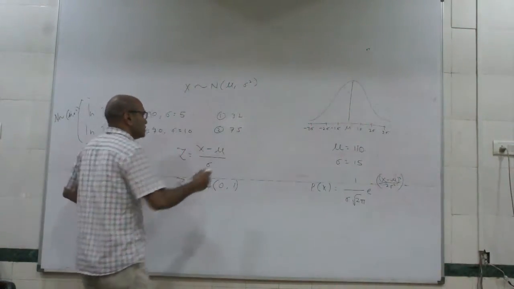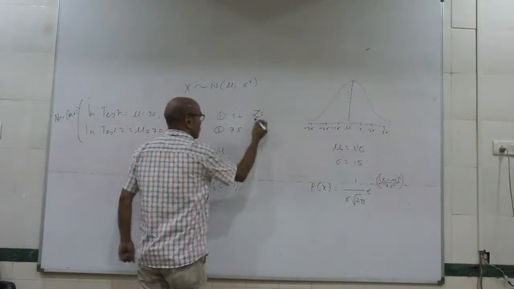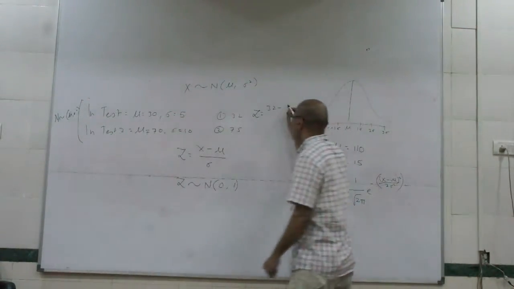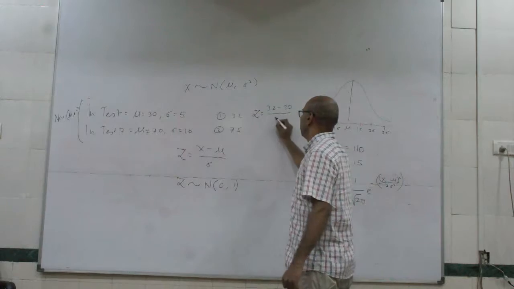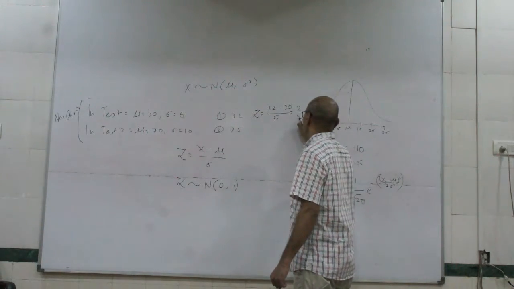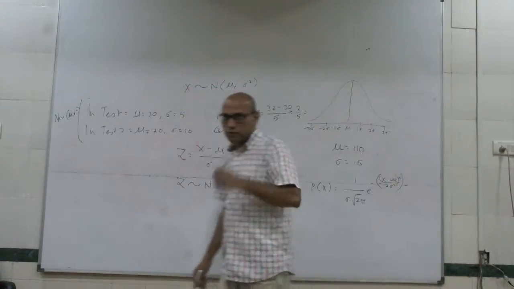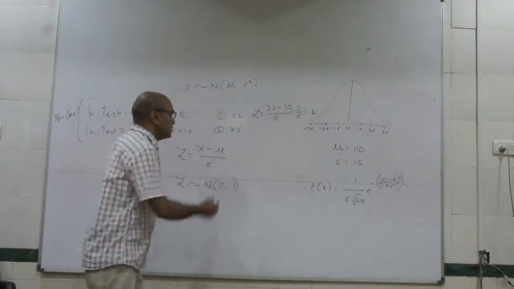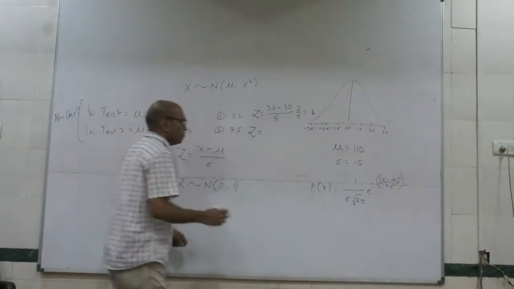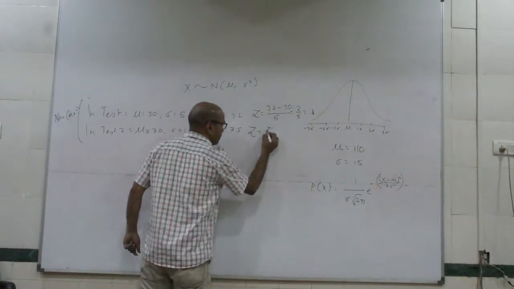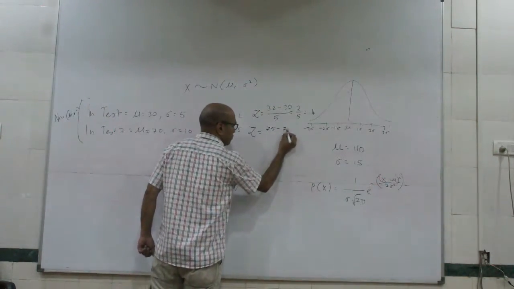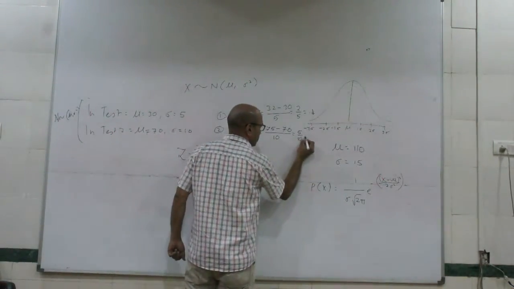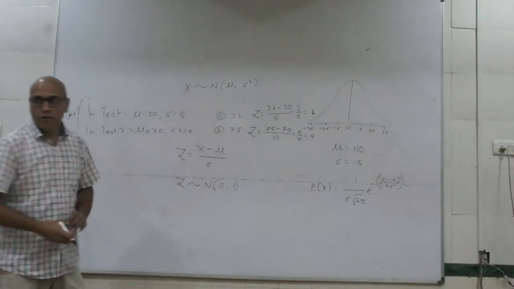Say I take the first value, I compute Z for this. Then my X is 32 minus mu, which is 30, upon 5, that is 2 upon 5, which is 0.4, right? The Z for this one is 75 minus 70 upon 10, which is 5 upon 10, that is 0.5, right?